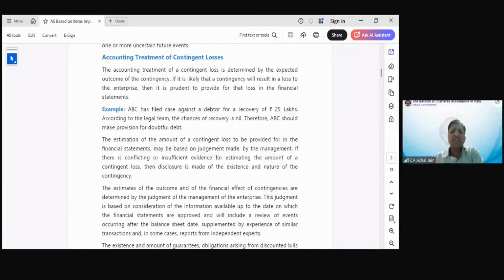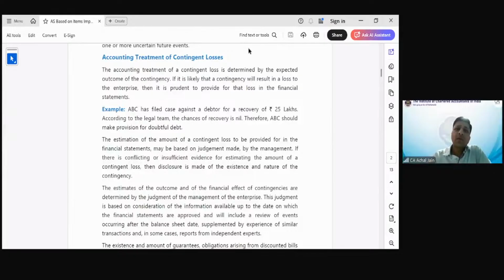Okay, so if you look at this example, ABC has filed a case against a debtor for a recovery of 25 lakhs. Now, in this case, if you talk to the legal team, the chances of recovery is nil. Therefore, what should you do? As an entity, create a provision. Yes or no? So create a provision for the same.